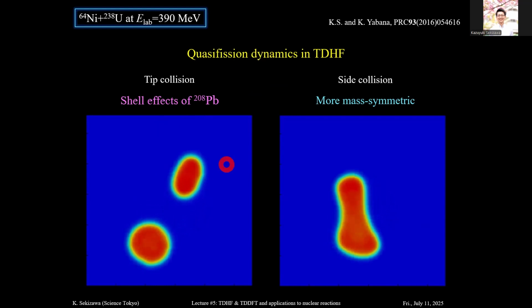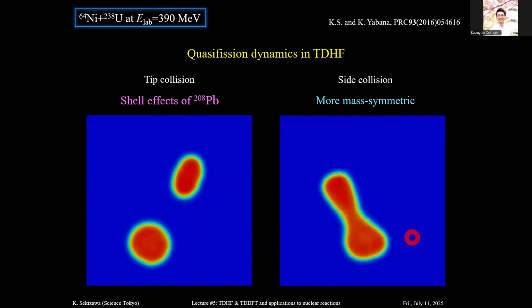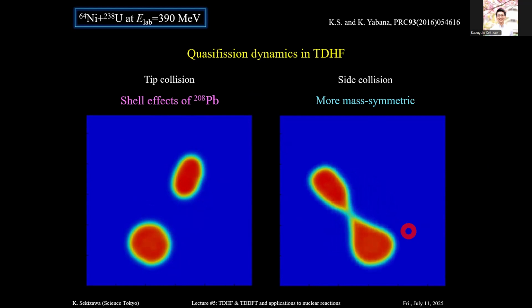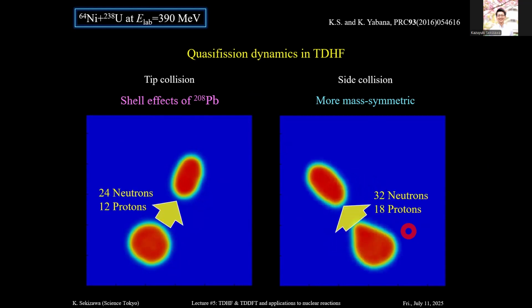In the case of tip collision, we have shorter contact time. For side collision, we have longer contact time with a compact dinuclear system and many-nucleon transfer. And in this case, about 36 nucleons and 50 nucleons are transferred on average. And this kind of quasifission dynamics can be well described by TDHF in this way.